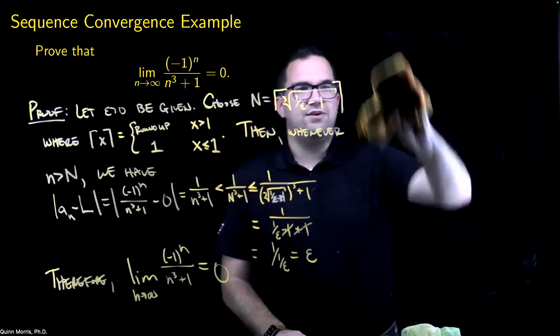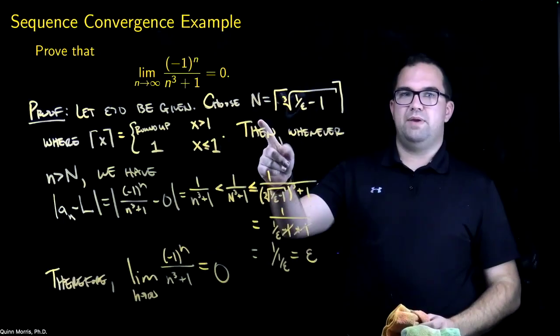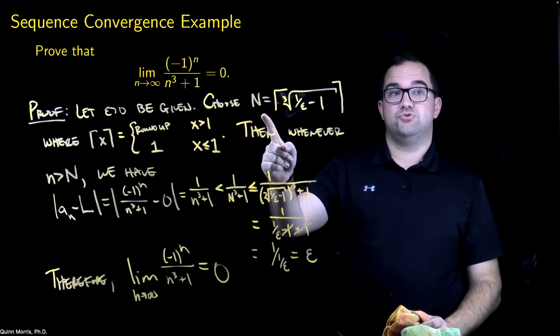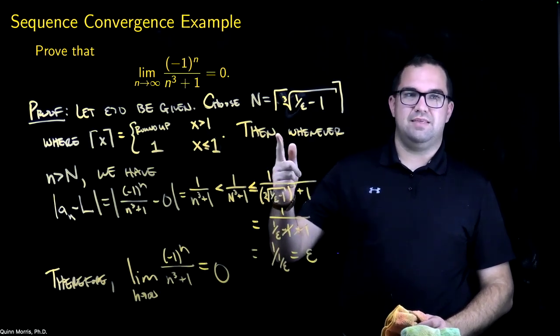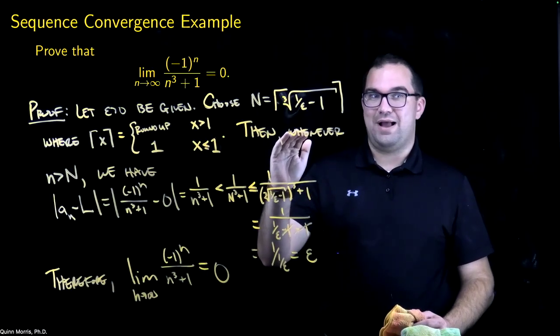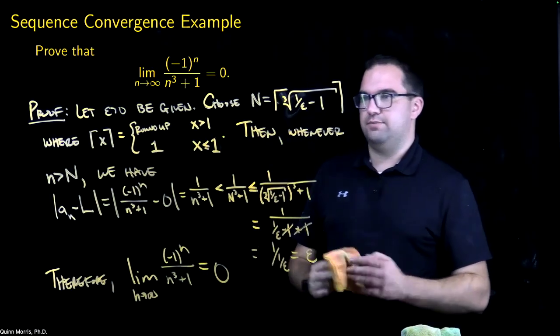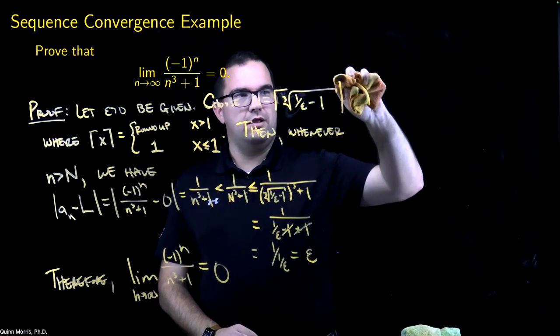So in fact, it's quite commonplace to not be too picky about N being a natural number, because if you can find a real number that works, you could always just do this rounding thing to get a natural number. So while this is very technically correct under our technical definition, it would be quite common to do one of the following.